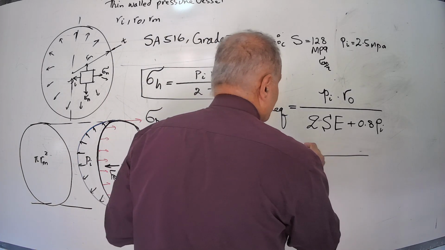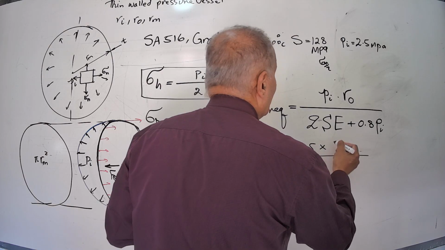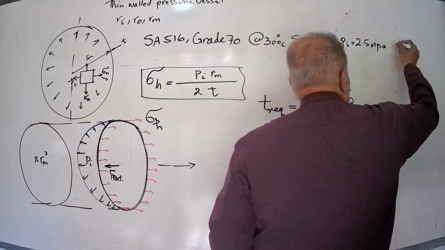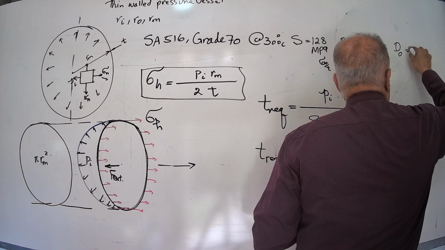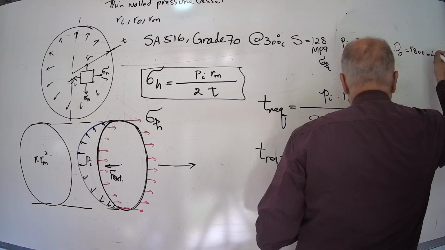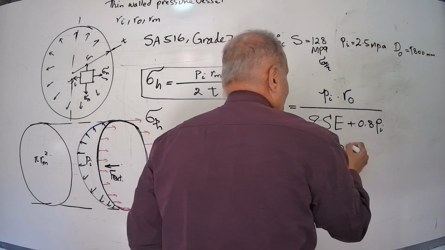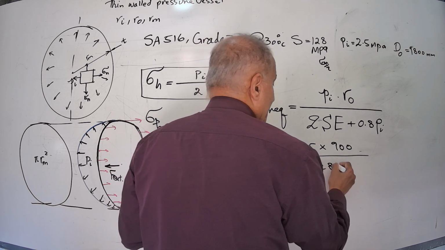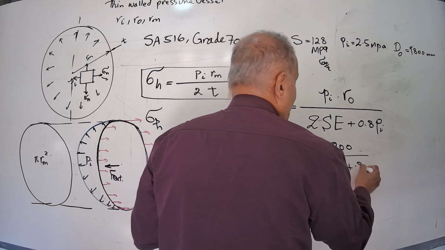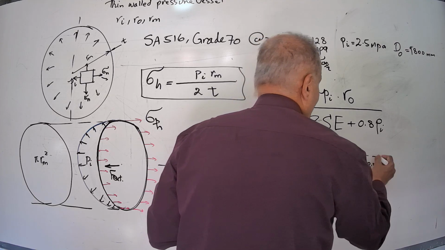For this case, it is 2.5 times, assume the outer radius is equal to 1800 mm, then this is 900, divided by 2 times 128 times 1 plus 0.8 times 2.5.